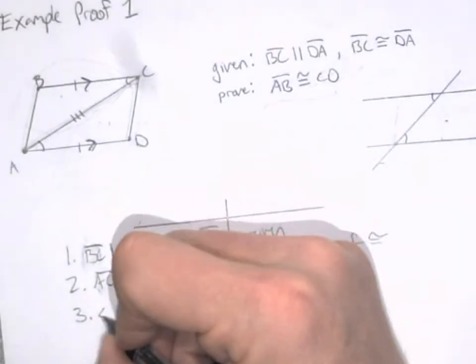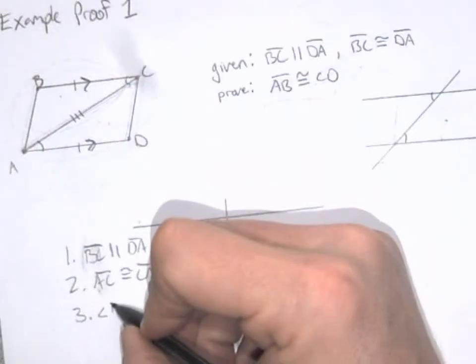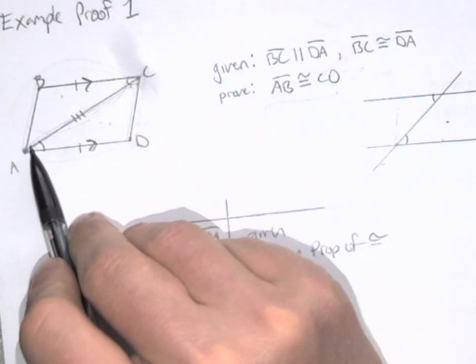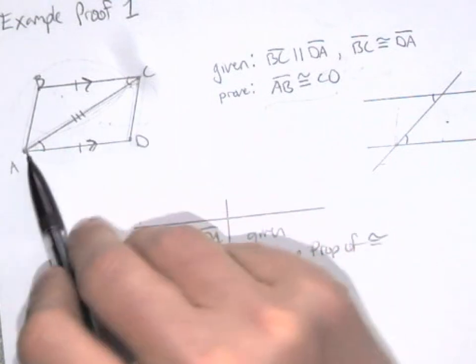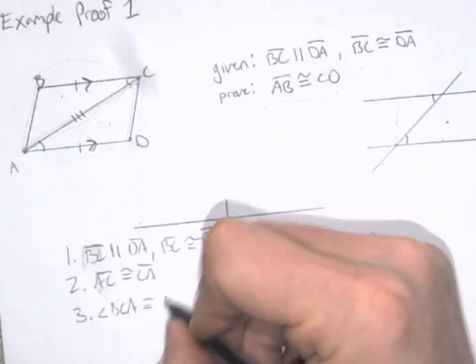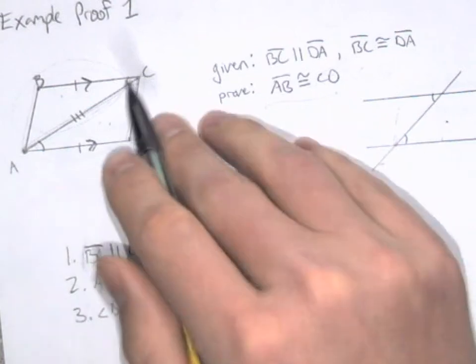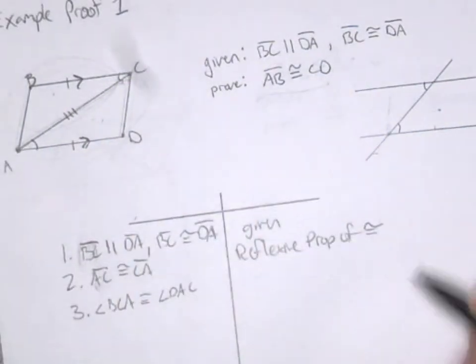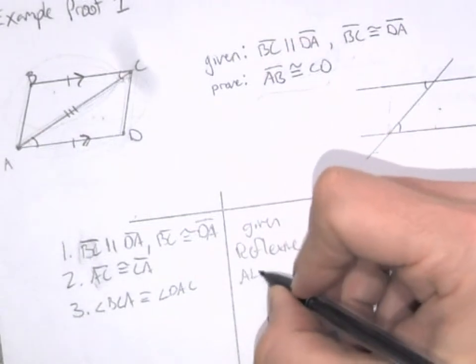So what we know is that angle BCA, this guy, is congruent to DAC, the ones that I marked there. So BCA is congruent to DAC, and that's the alternate interior angles theorem.